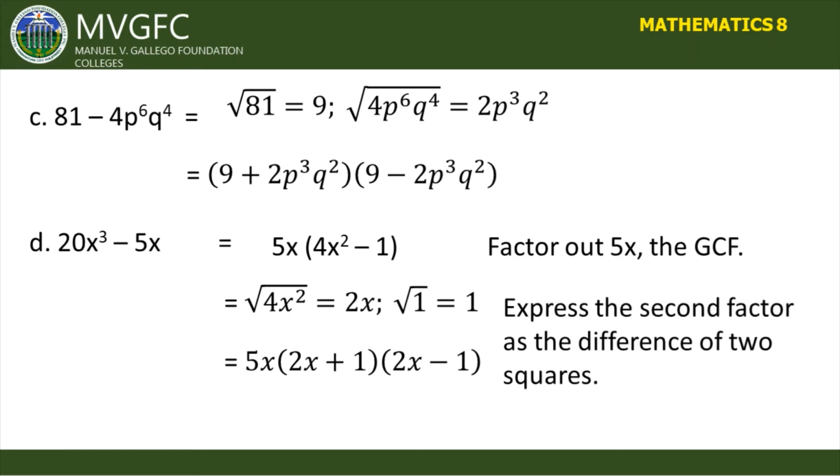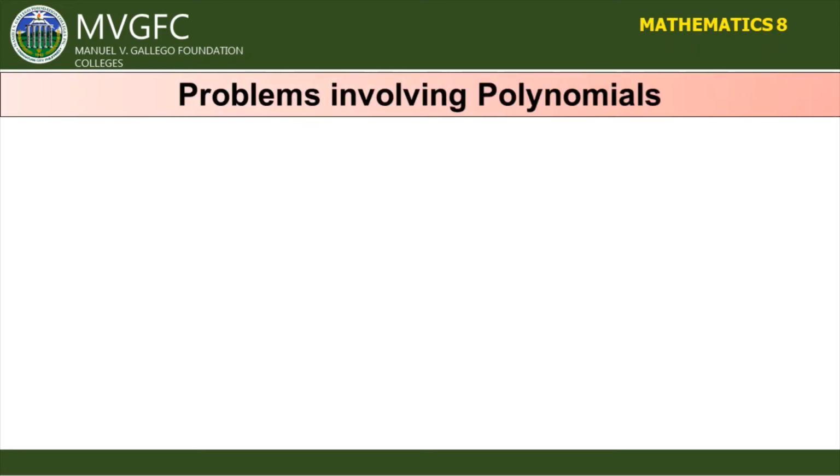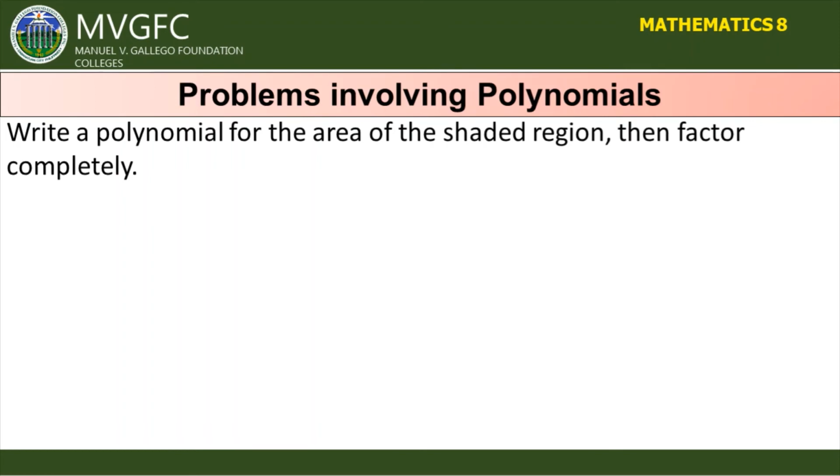Okay? So what you applied here is your knowledge in common monomial factor and, of course, the difference of two squares. So as stated here, you have to express the second factor as the difference of two squares.